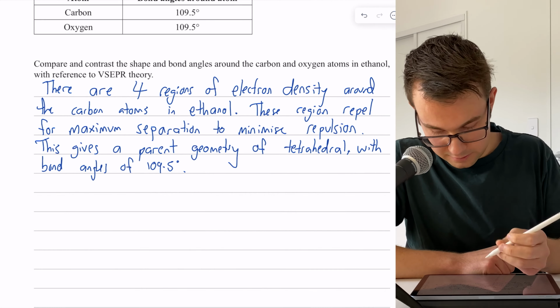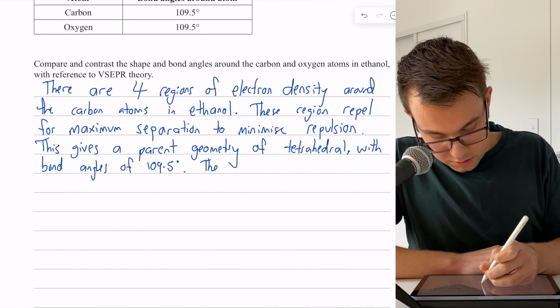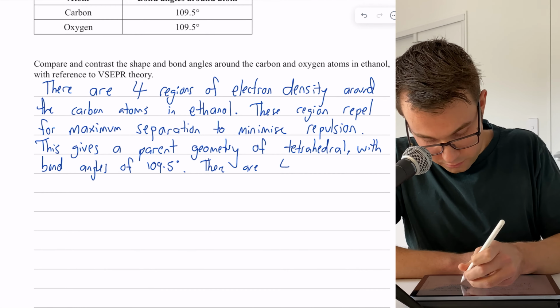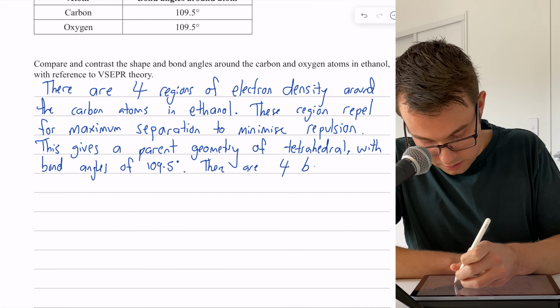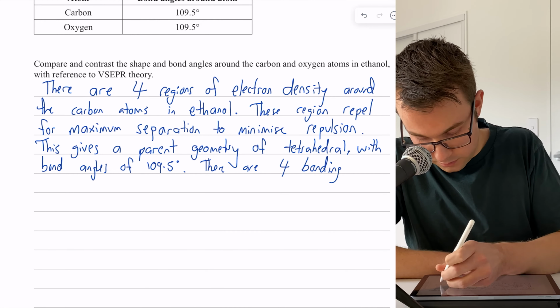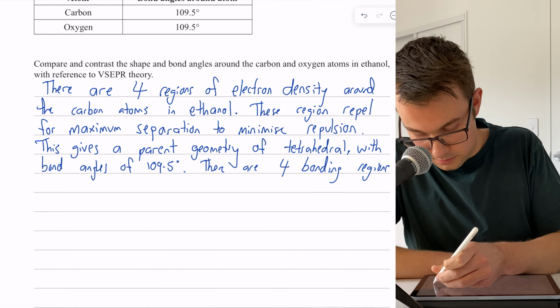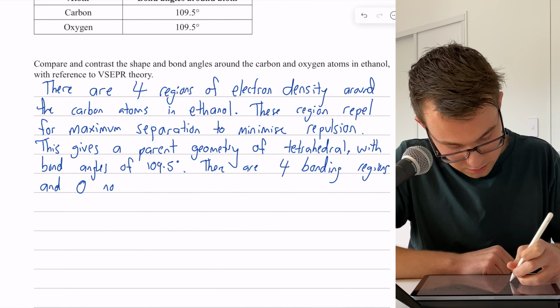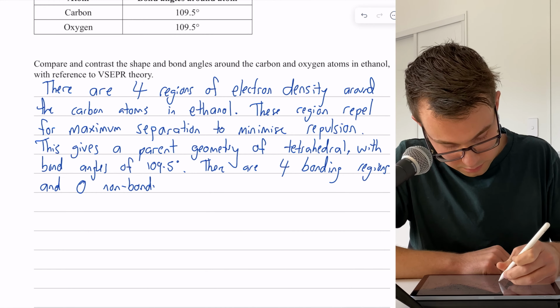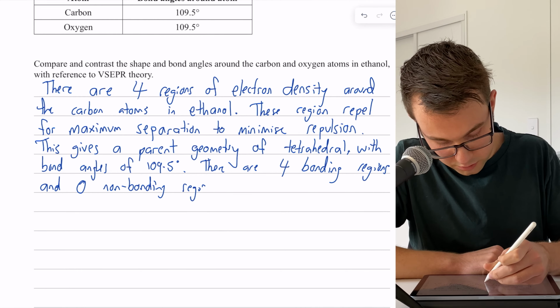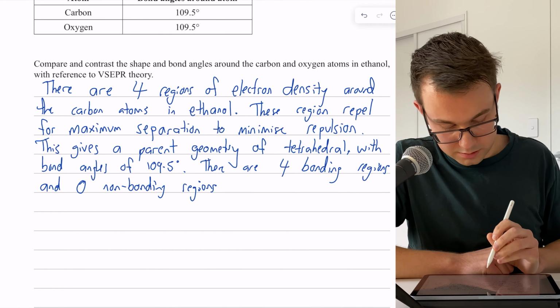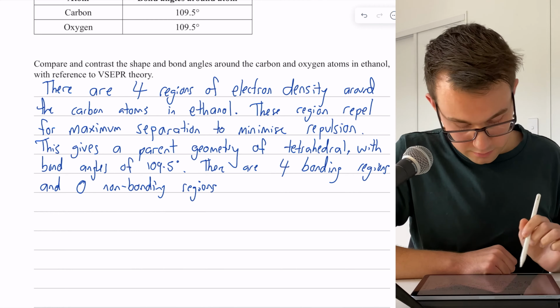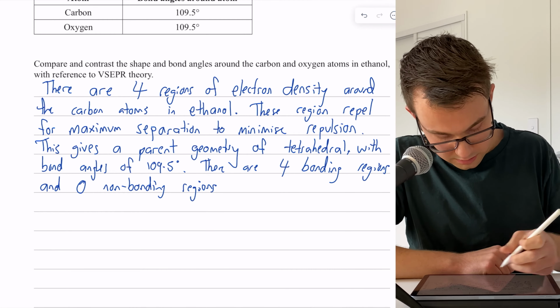So we can say there are 4 bonding regions and 0 non-bonding regions. That's correct. We love it.